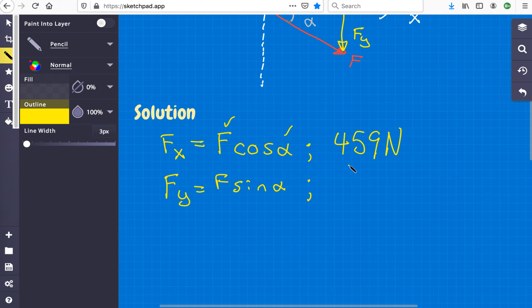And then we also know that 600 times the sine of negative 40 is going to give us a value of negative 385.6 newtons. Now it depends on your teacher, but usually it's about 4 significant digits. So those are the answers.